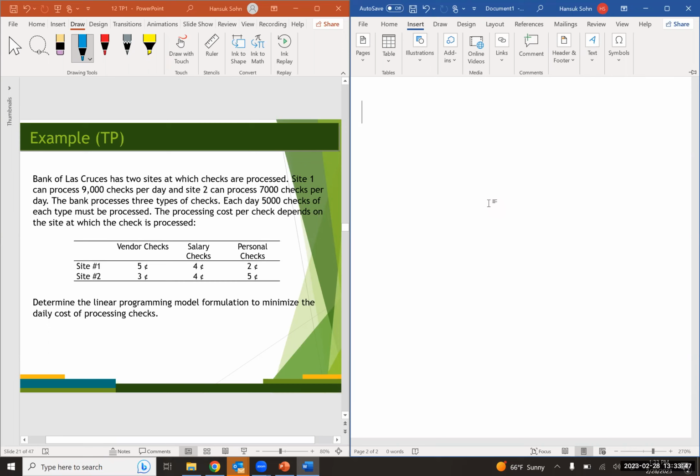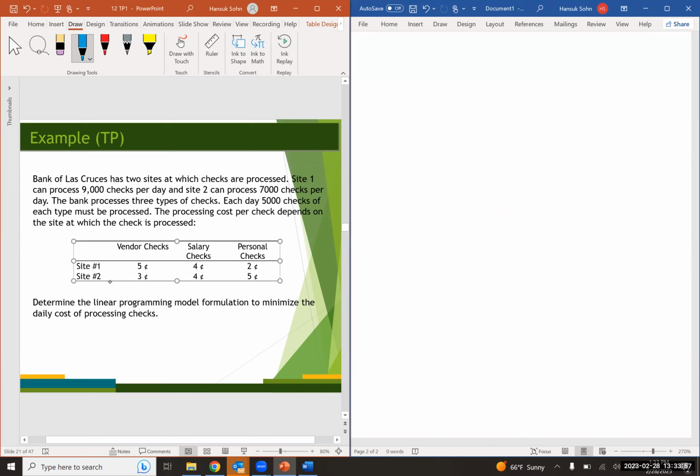So here, like the previous example, the processing costs are given. So we can directly use this, right, as the transportation cost for our LP model. So obviously we want to minimize the total processing cost, right?